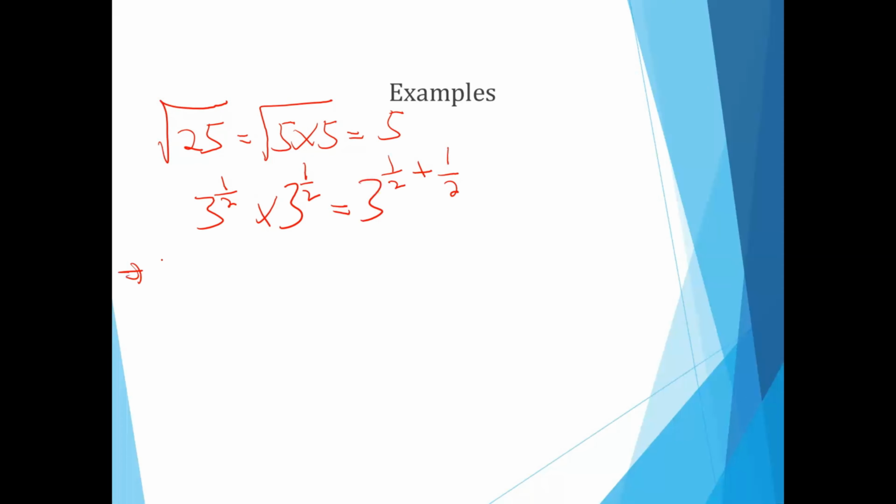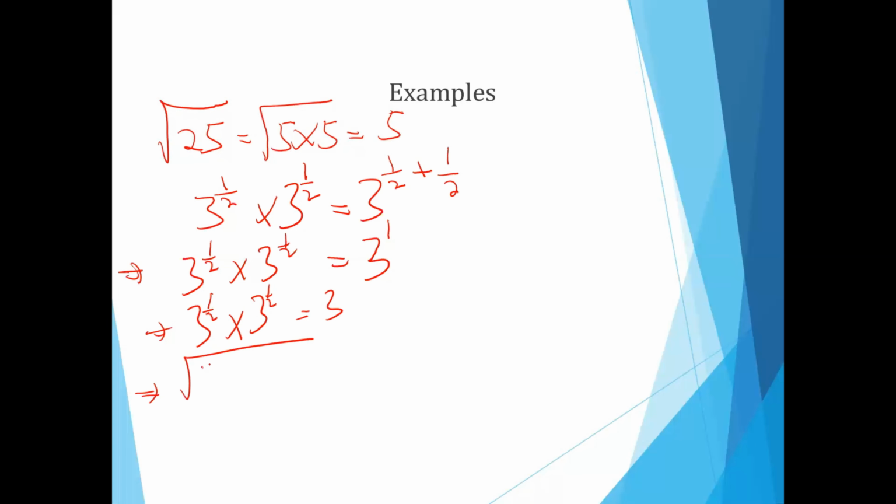And so that implies that 3 raised to the power half times 3 raised to the power half will be equal to 3 raised to the power 1, which is 3. Then we find the square root of both sides. So when we find the square root of both sides, we shall get 3 raised to the power half times 3 raised to the power half, and that will give us the square root of 3.